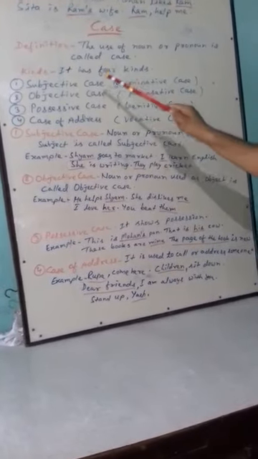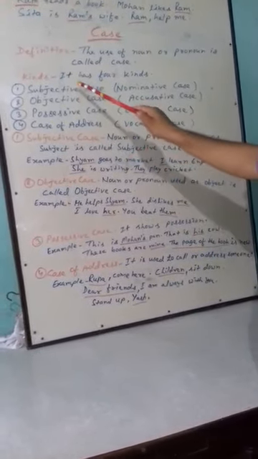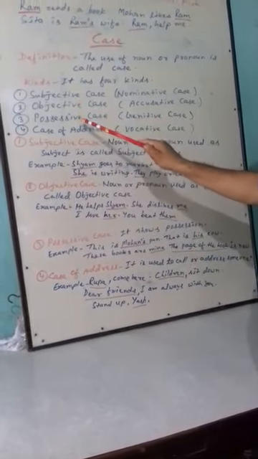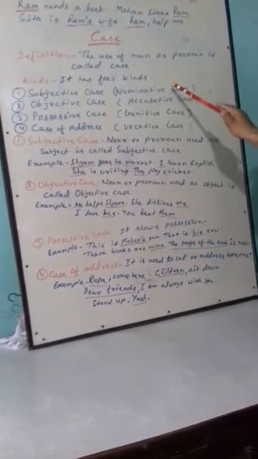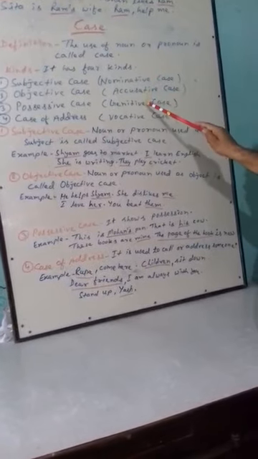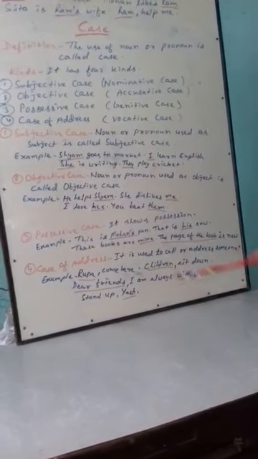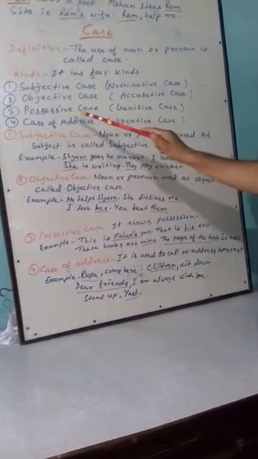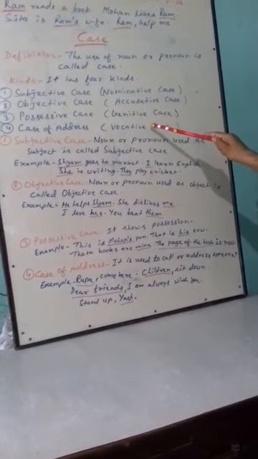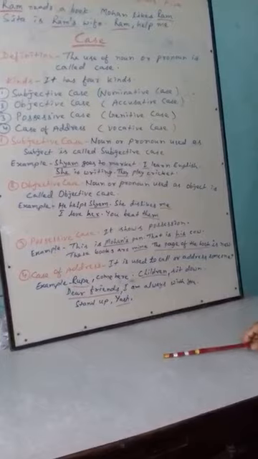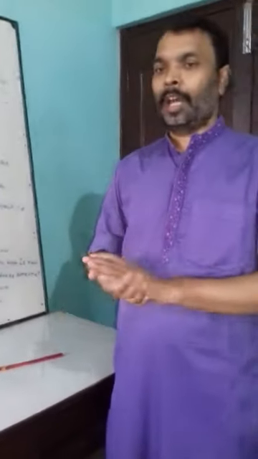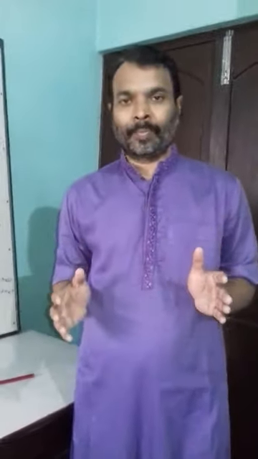Here 2 types of names have been written: subjective, objective, possessive, and case of address. And this side, nominative, accusative, genitive, and vocative. Actually, these are the names of modern English grammar, and those are the names of old English grammar. Many changes have come in English grammar to make it easy. In different chapters, I have told you the differences present in modern English grammar and old English grammar.